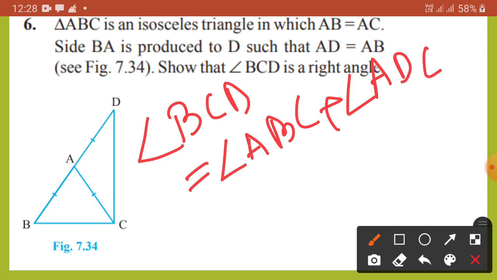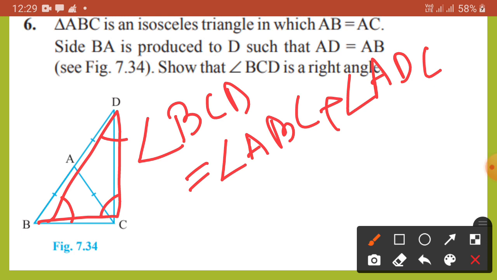Okay, now in triangle BCD, we are having angle BCD, angle DBC and angle BDC equal to 180 degree because of the angle sum property of triangle.